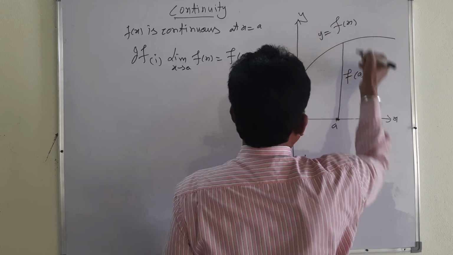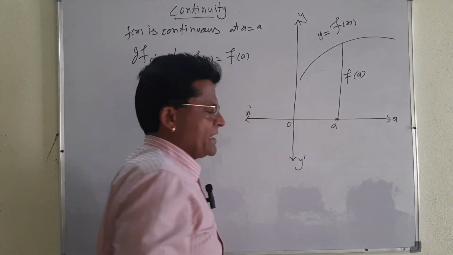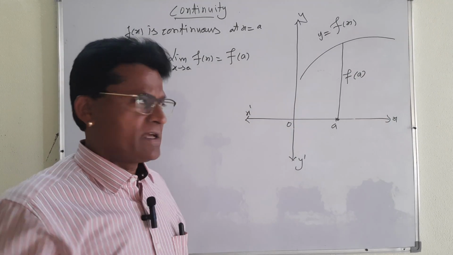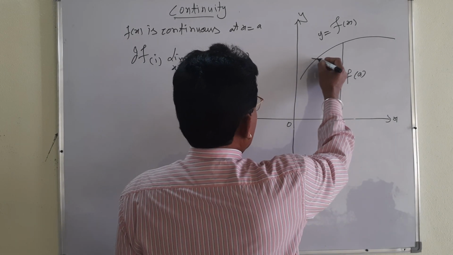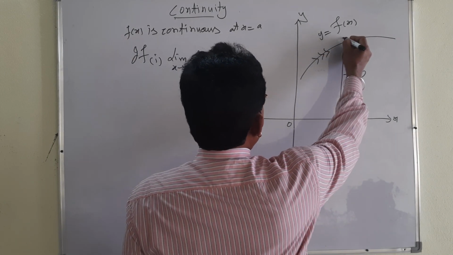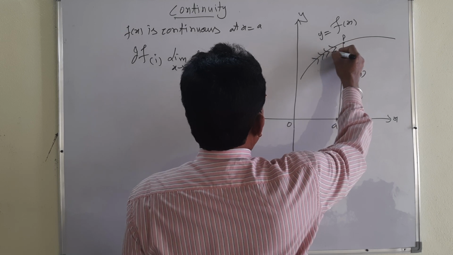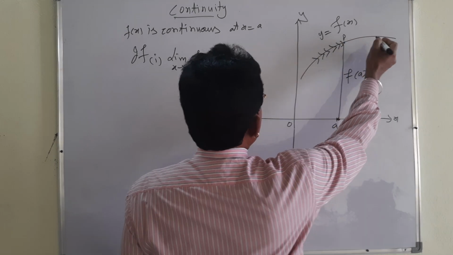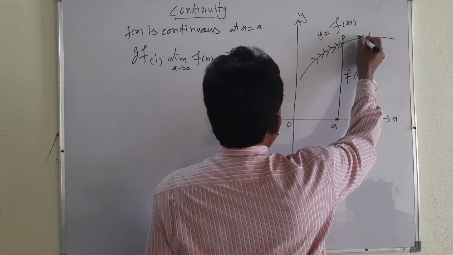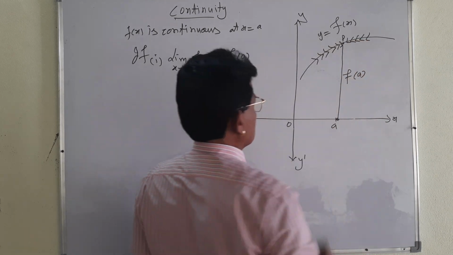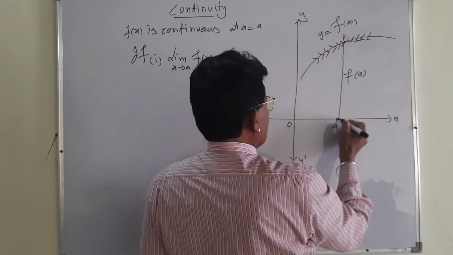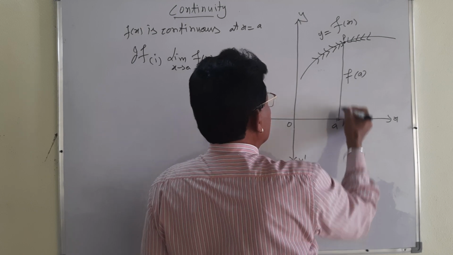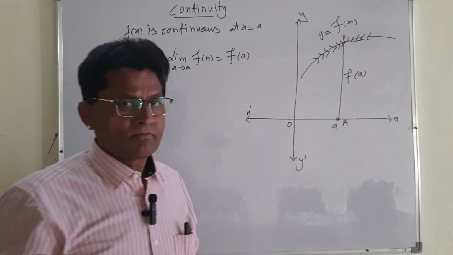In place of x, write a, because on the x-axis we have taken the point A. I told you we are approaching towards the point P from the left side. Similarly, we are approaching from the right side towards P.